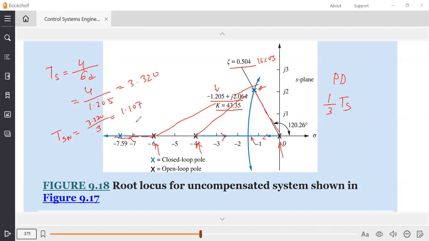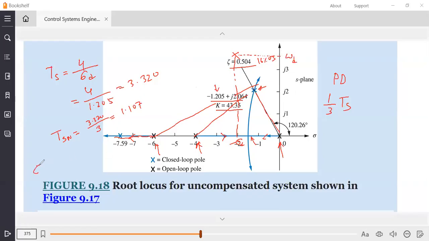Now, based on this settling time, you can find out the real portion of your pole. Say we are somewhere here. We can calculate sigma d, and then we also have to find out the location of omega d.